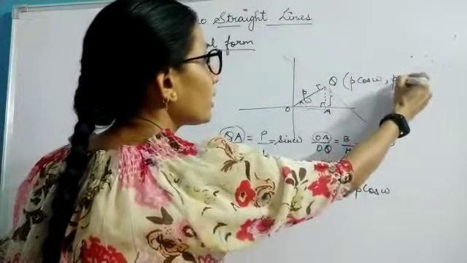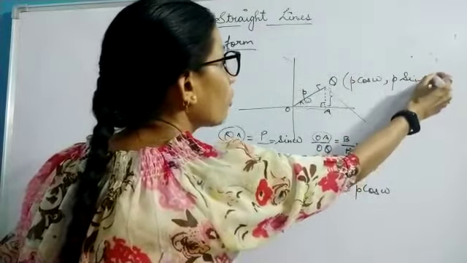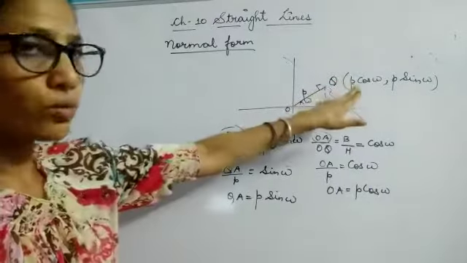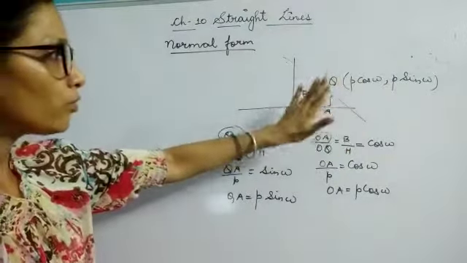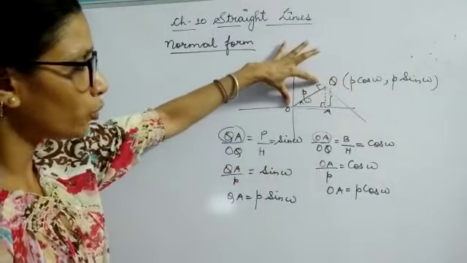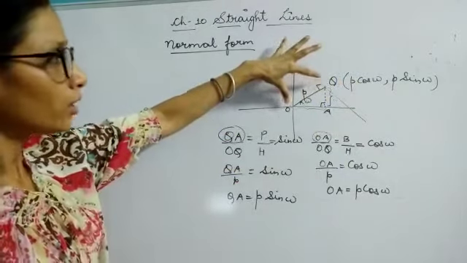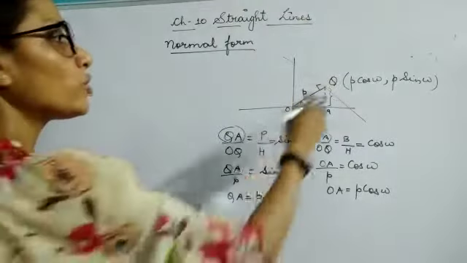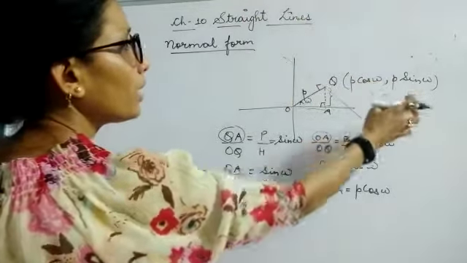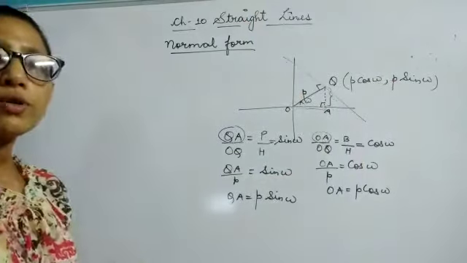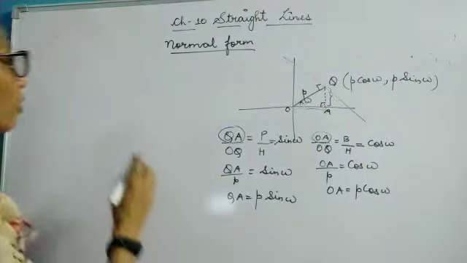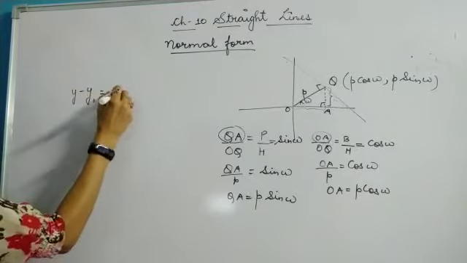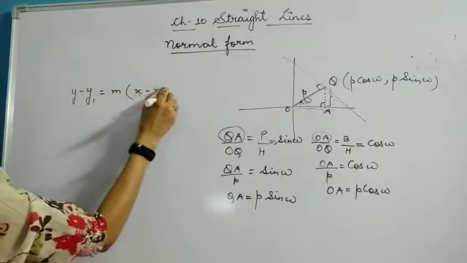So these are the coordinates of your point Q. If you want to find out the equation of normal, which is passing through P cos omega and P sine omega, then obviously you will use your formula, y minus y1 equal to m times x minus x1.